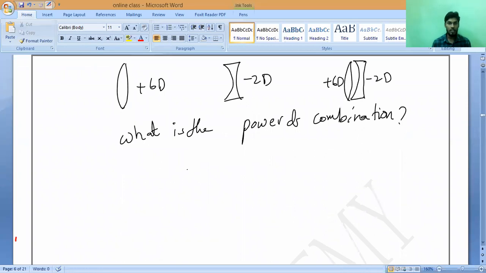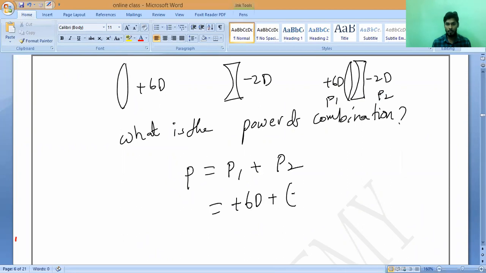So what is the power of the combination? Power P equals P1, which is plus 6D, plus P2, which is minus 2D. That equals plus 6D plus minus 2D, which is equal to plus 4D.